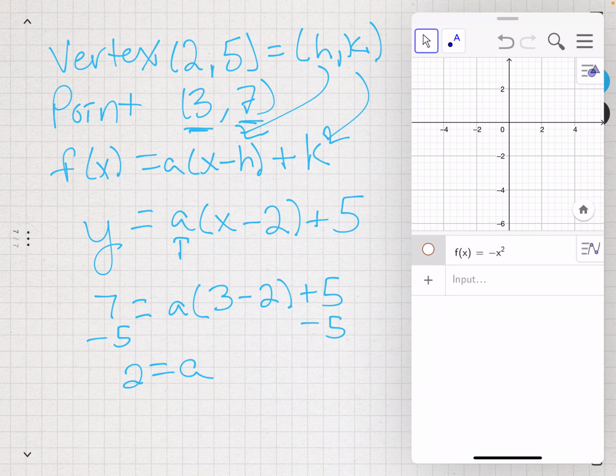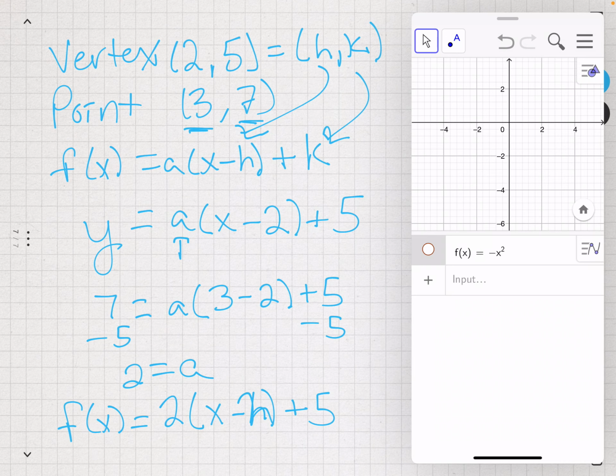So a is 2. That means our function f of x is 2 times (x minus h), which h had a value of 2, plus k, which was 5. So we have 2(x minus 2) plus 5.